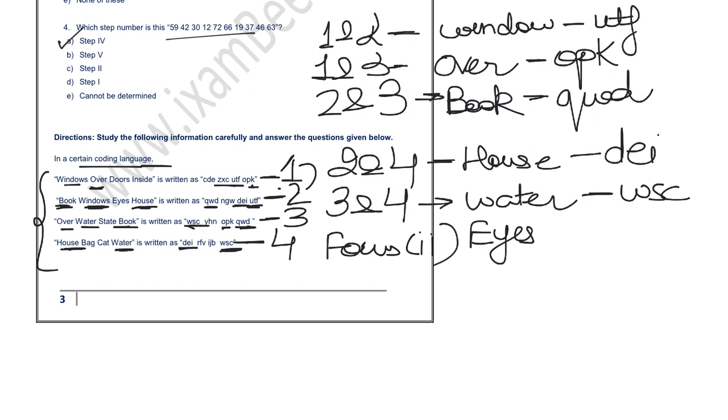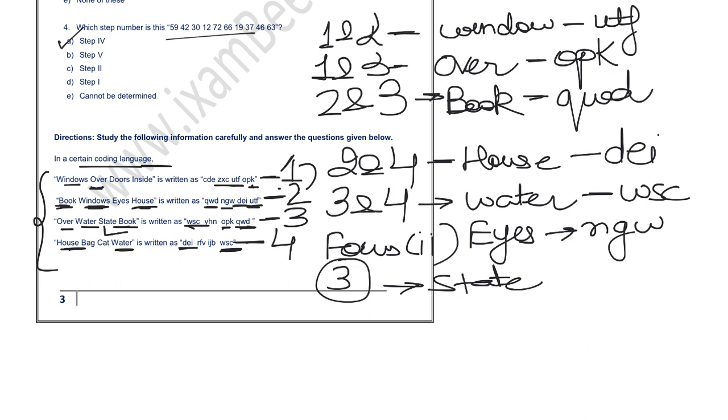So I'm writing the code for eyes as NGW, right? Similarly, you have to focus on statement number 3 as well. You will find that the only word left over here is state, and the only code left is YHN. So your state represents YHN.